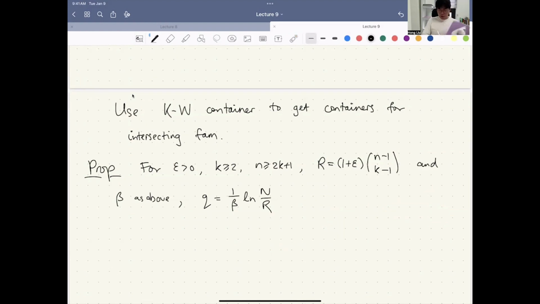Now, then the conclusion, we choose R, beta, Q. The conclusion is we can find a collection of containers.